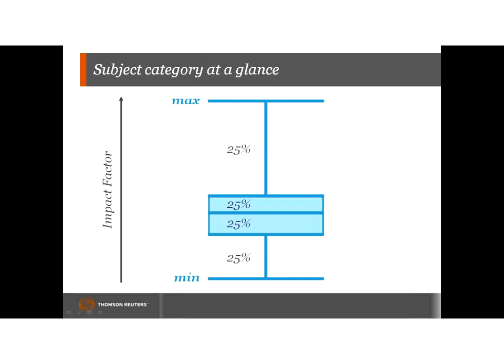The top 25% we call Q1. Then we have Q2, Q3, Q4. From the biggest impact factor to 25, that's Q1. 26 to 50 is Q2. 51 to 75 is Q3. And 76 to 100 is Q4.